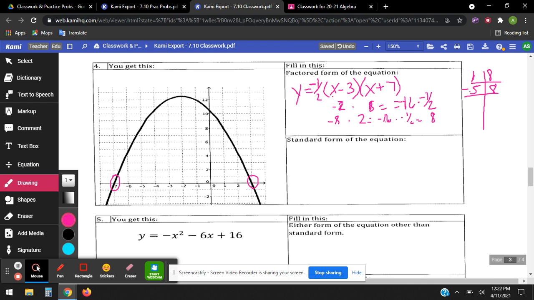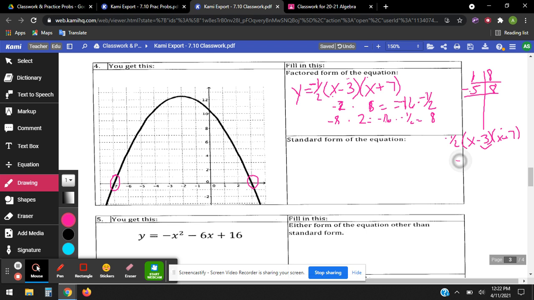Okay, now for the standard form. Now we just have to multiply this all out and get our standard form. So let's do these two first, the x minus 3 times x plus 7. We've got the -1/2 in front. Let's start with these guys.